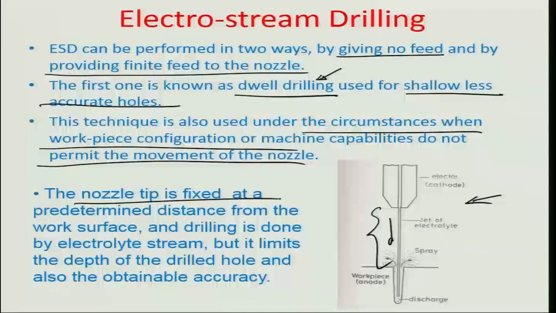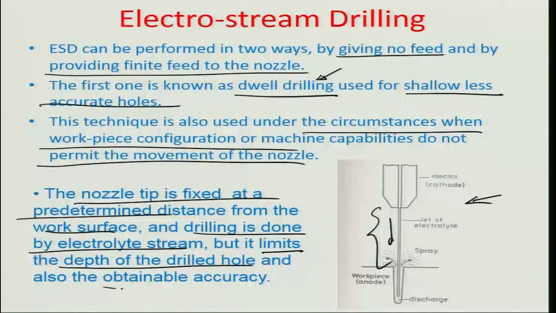One example could be internal cavities within engineering parts. The direction of the stream itself would ensure that the hole is drilled in a particular direction. So the nozzle tip is fixed at a predetermined distance from the work surface, and drilling is done by the electrolyte stream. Obviously it has limited depth of drilled holes and also limited accuracy.